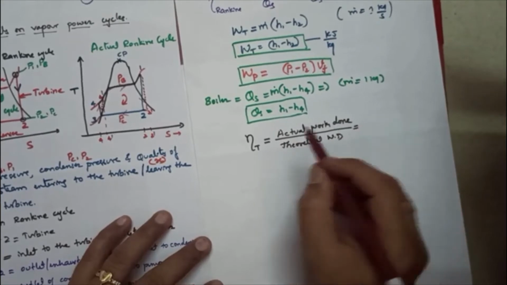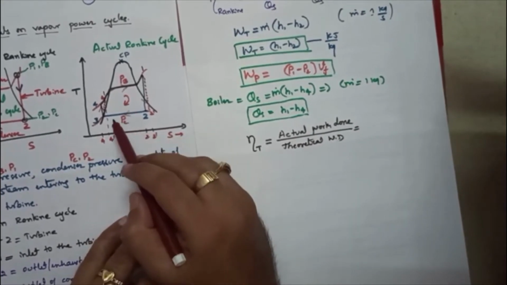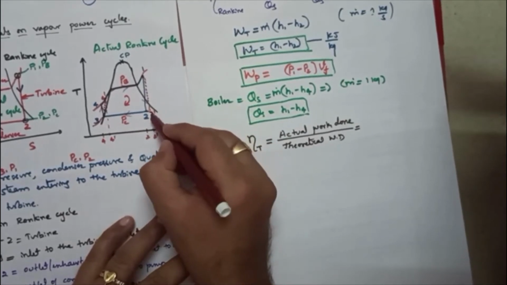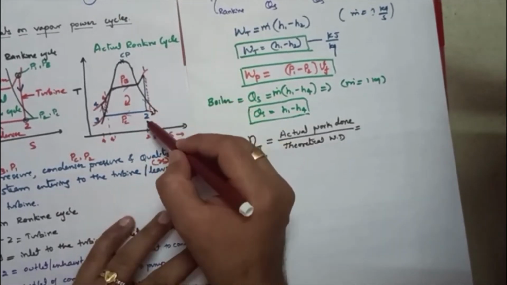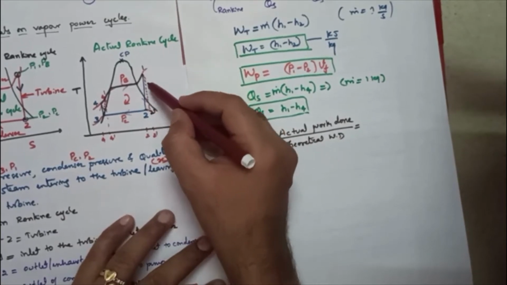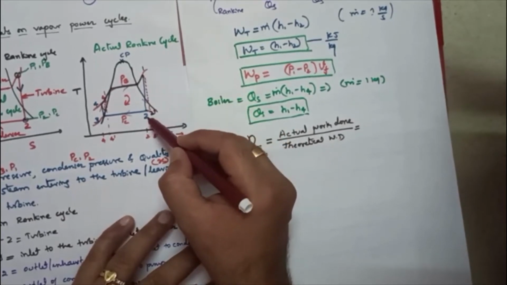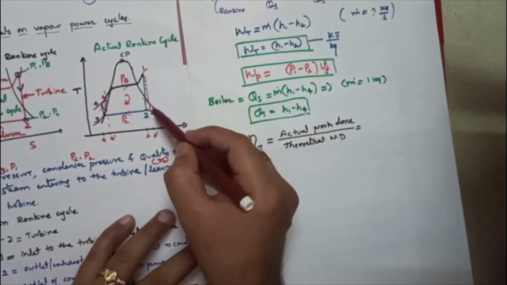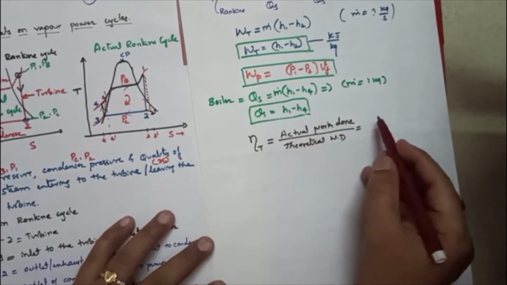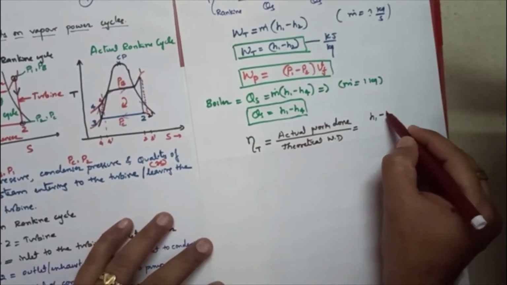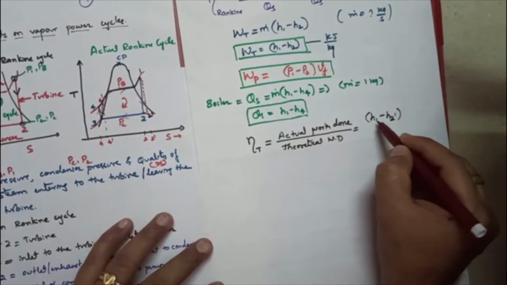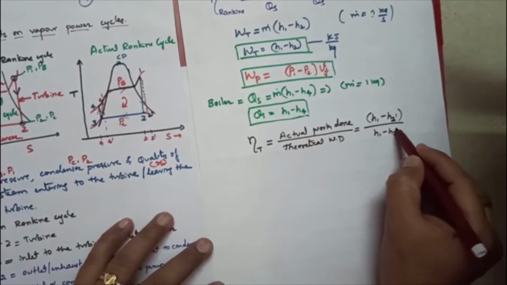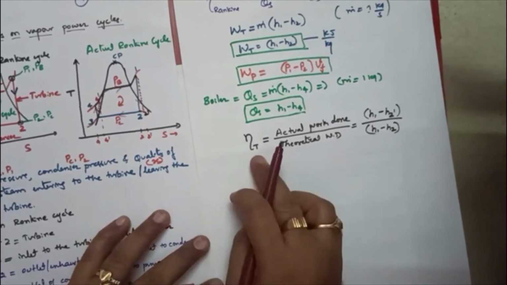And dear students, observe here which one is the actual process: 1 to 2 or 1 to 2 dash? 1 to 2 is theoretical, it is not considering any losses, that's the reason it is exactly a straight line. But 1 to 2 dash is actual. So actual work done is the highest enthalpy minus lowest enthalpy, H1 minus H2 dash, divided by theoretical work done H1 minus H2. This is the efficiency of the turbine.